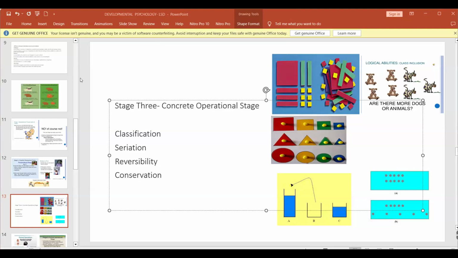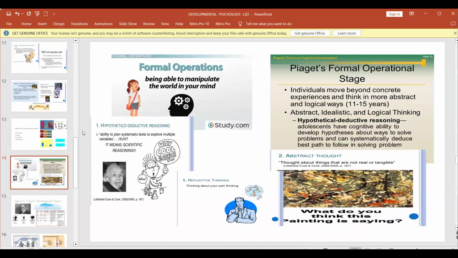If you take 11 plus, the formal operational stage of cognitive development, how does development take place? Development takes place through abstract thinking, abstract logical thinking. So the child is capable of thinking.